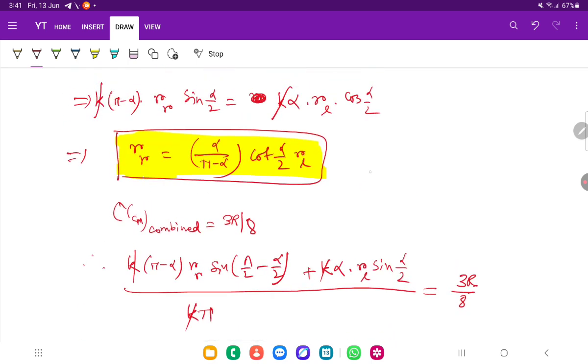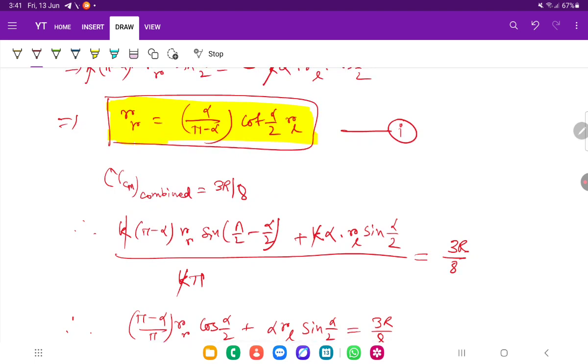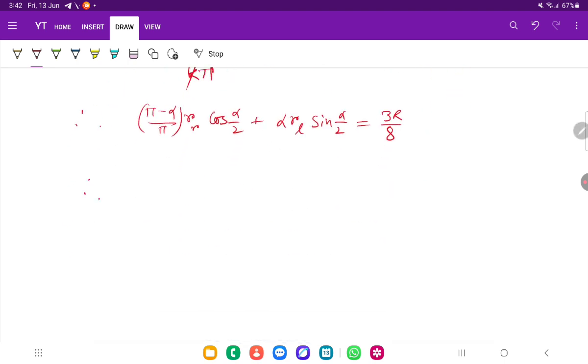Now we'll require equation number 1, because we are trying to find RL, right? Because for any megacap subtending an angle alpha, we'll claim that its center of mass will lie at a distance of RL from the center, and that will be a generalized result. So we'll try to substitute RR in terms of RL.